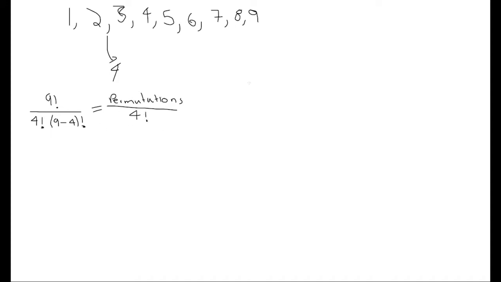I think that's how we left it in the other video, but this calculates to 9 factorial divided by 4 factorial times 9 minus 4 factorial. In this case, with this situation's particular numbers, so it wouldn't always be 9 and 4. But anyways, that's how you would do it without any restrictions.